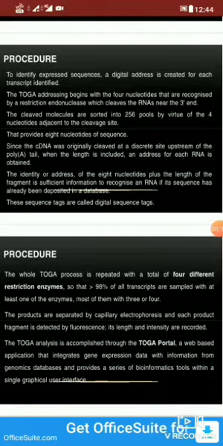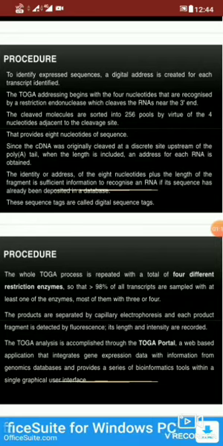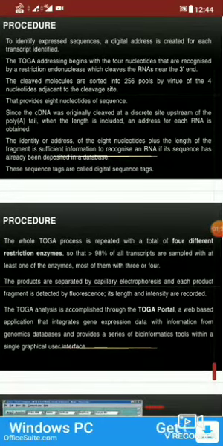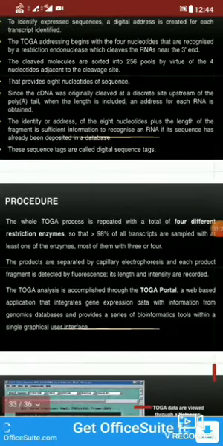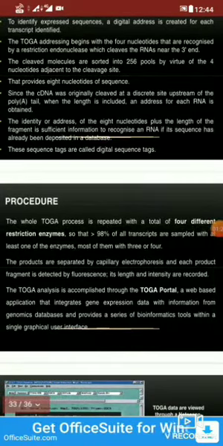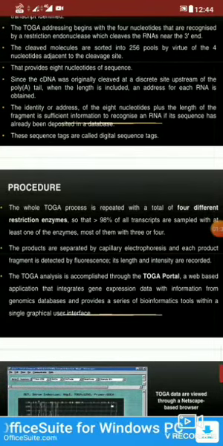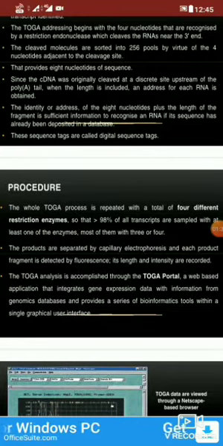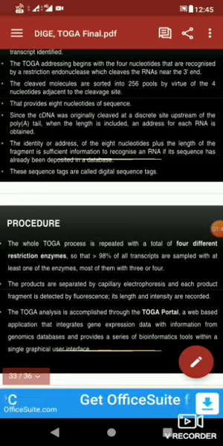And to identify the expressed sequences, a digital address is created for each transcript identified. That means whatever primers you are designing, similarly your software will also contain the address. That means the same sequence will be present. And once the TOGA experiment starts, whenever a fluorescent tag product is produced, it is done in real time. We have studied what real time PCR is.